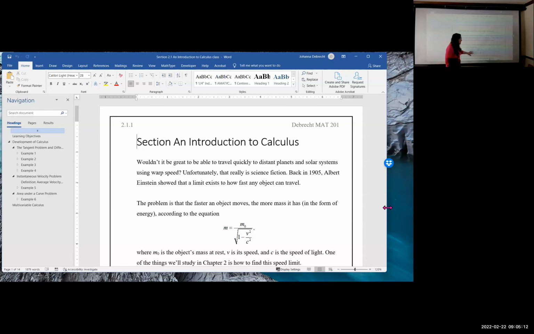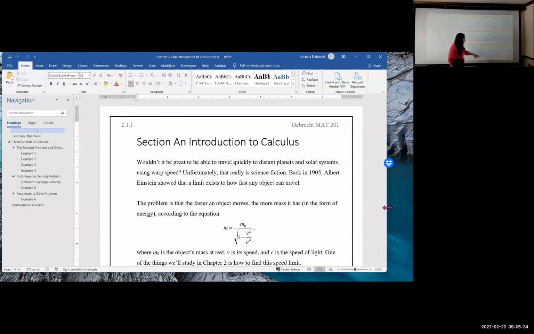So here's the formula that you've got down here for the mass of an object. And what he showed was that the faster you travel, the more mass you have. And so when you're looking at this particular equation here, m naught is your mass at rest. In other words, it's the amount of mass you have at rest.